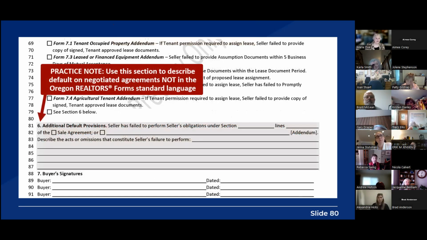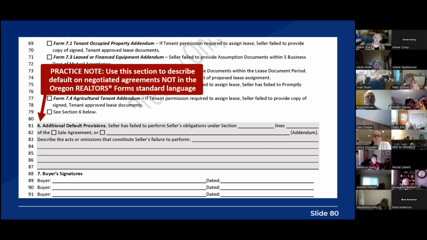There is an additional default provisions line, but I don't know what you'd fill in there, because if you'll notice, there is tenant occupied, there is agricultural tenant addendum. Any place there was a chance that there was a contingency in any of the forms is listed on this document. So if there is an additional default that needs to be done, maybe you did agree to something on an addendum, that can be filled in there.